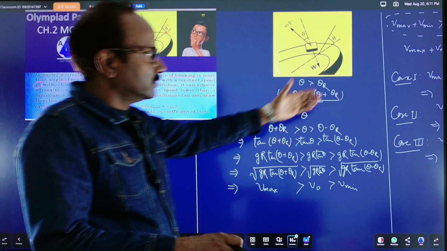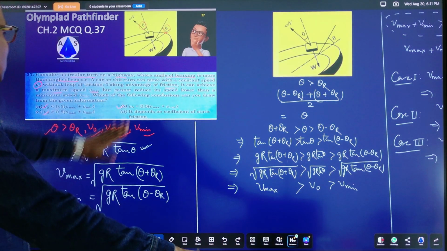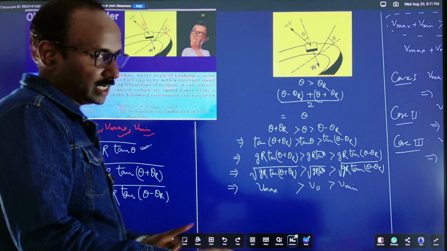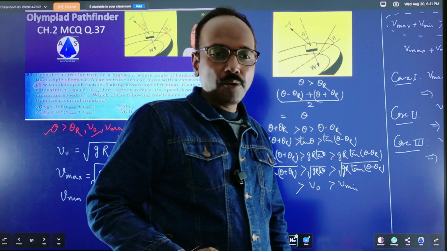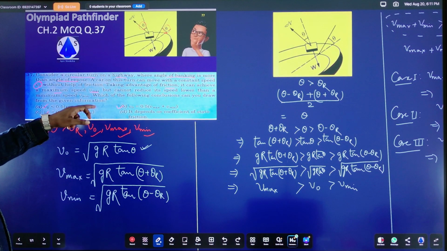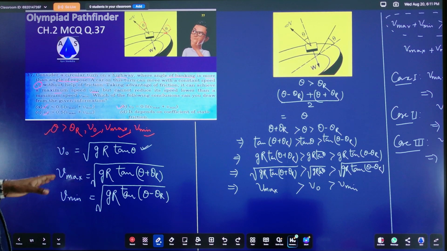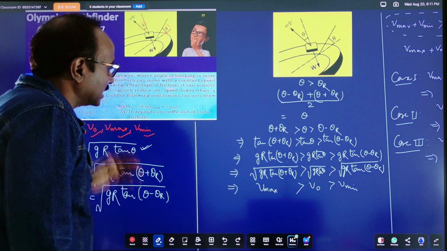So our case 1, case 2 and case 3 are satisfying here. But nothing has been mentioned with this conclusion about what the condition is. So the condition is not given, so we cannot say that A, B and C are correct.